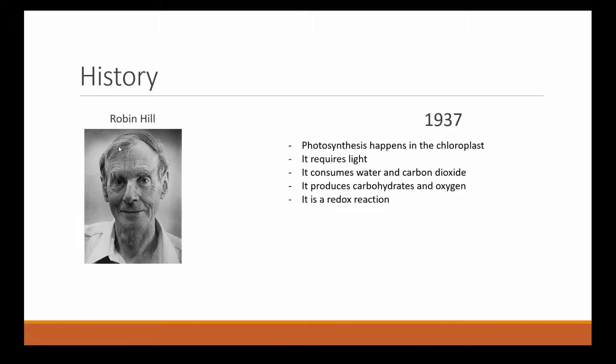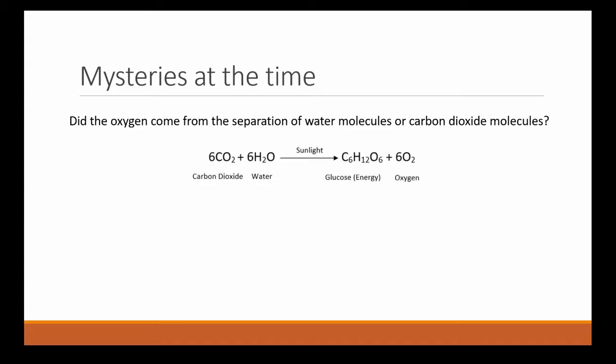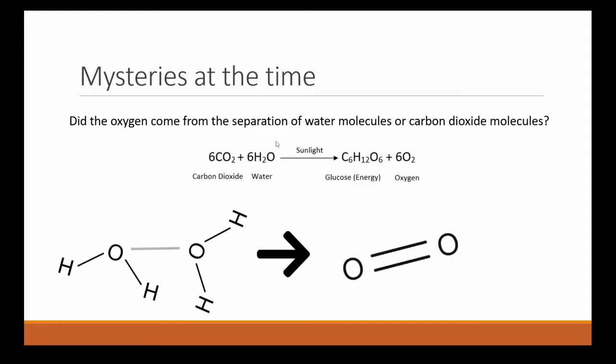And this experiment is really important because it really expanded the knowledge of photosynthesis beyond just these 5 sentences. It answered some of the mysteries that were puzzling scientists at the time. There was huge debate, huge controversy about whether the oxygen that came from photosynthesis came from carbon dioxide or from water. So you see there are two possibilities. We have two water molecules here.